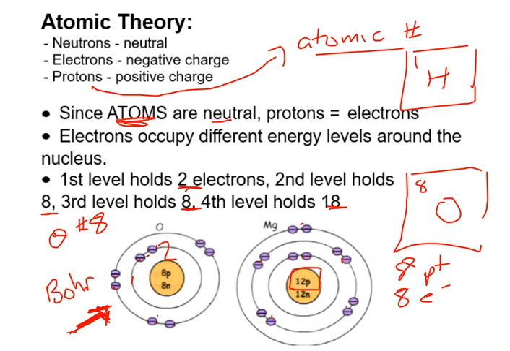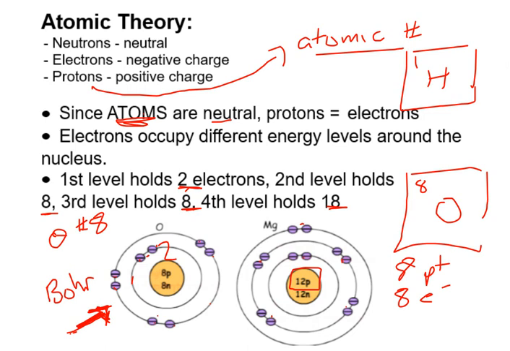But where we find them is based on this pattern. The first ring has 2 electrons. The second ring can have up to 8 electrons. And as soon as the second ring gets filled, you have to open up the next ring, which can also hold 8 electrons.